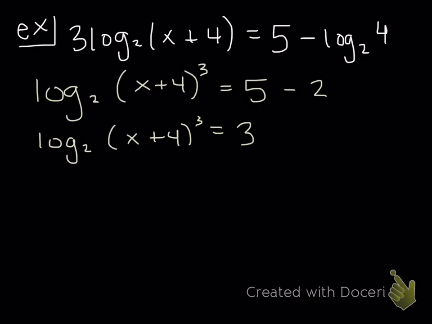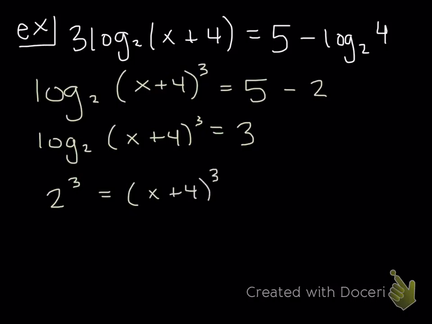So now I want to put this in exponential form because it's not like the last problem. It temporarily looked like it was going to be the same as the last problem because I had logs on both sides, but it actually turns into a log on one side, and that's where I would put it in exponential form. So I have 2 cubed equals x plus 4 cubed.